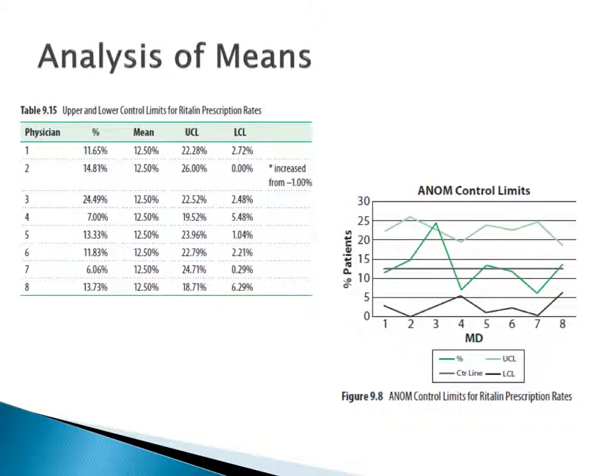So here's the output for the analysis of means, and as a part of that, we compute an upper and lower control limit, right here, and the mean, this is the grand mean for the central line that's going across right here.